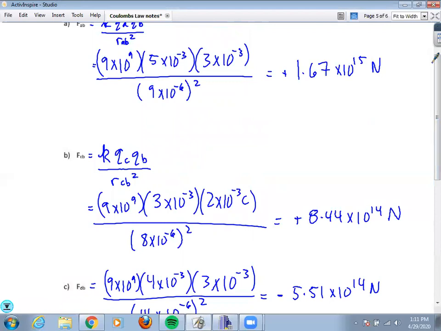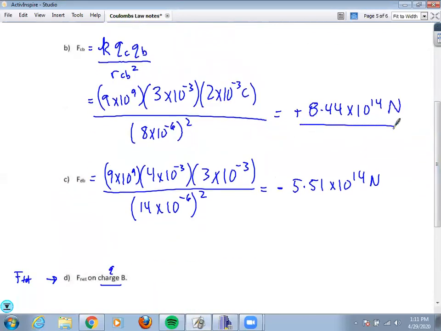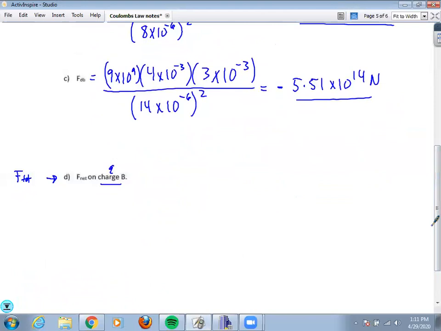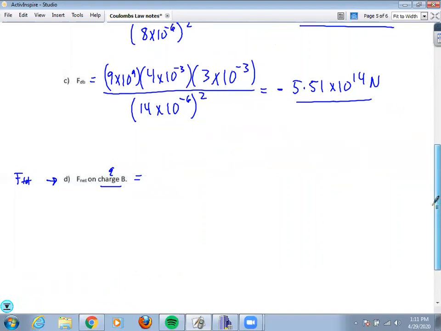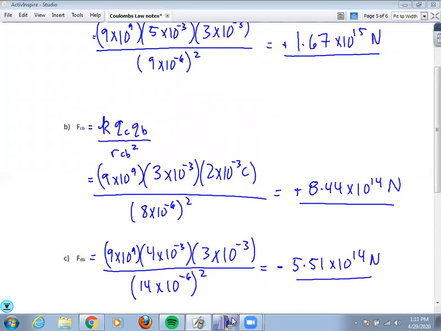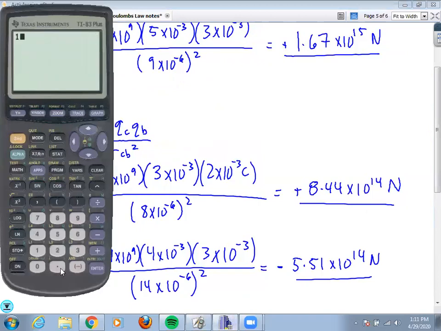So the total force will be the first force plus the second plus the third. F net will equal 1.67 times 10 to the power of 15 added to 8.44 times 10 to the power of 14, and we add 5.51 times 10 to the power of 14, and you get 3.065 times 10 to the 15.